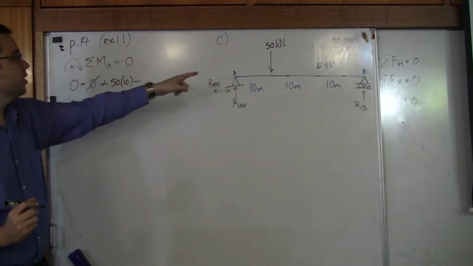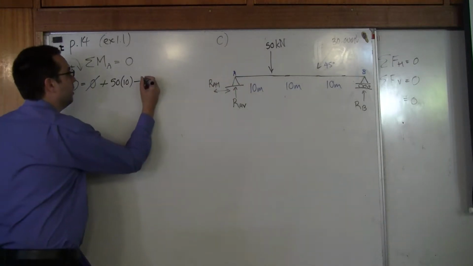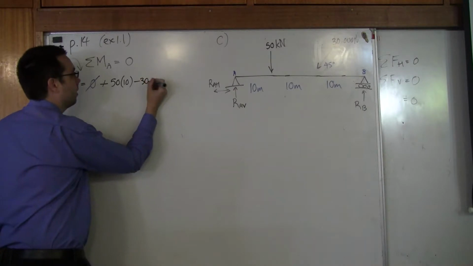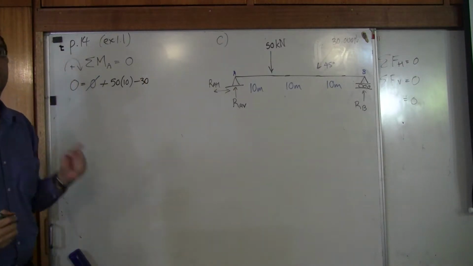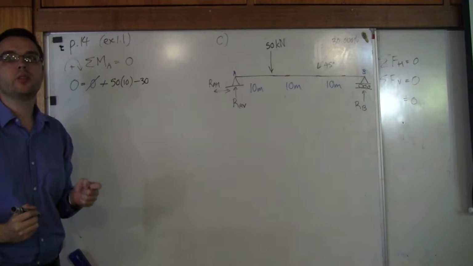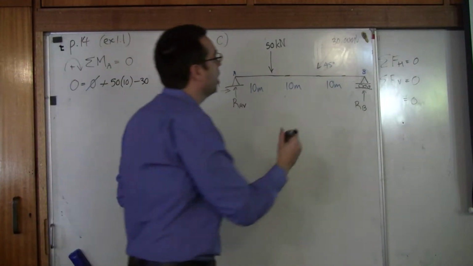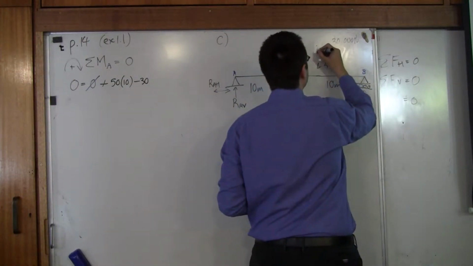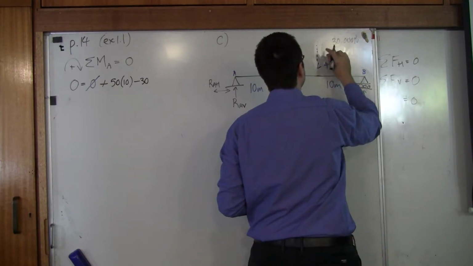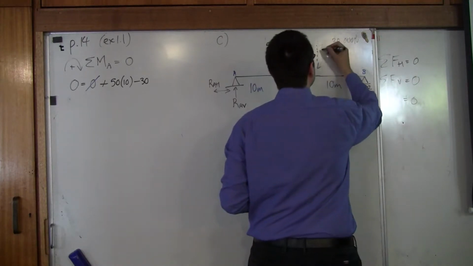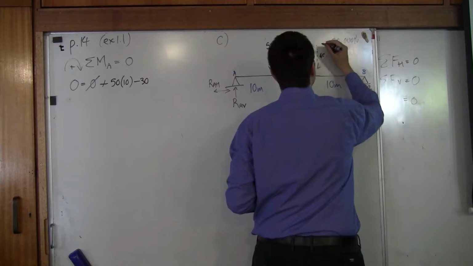And then the next force is a bit tricky. The next force is going to be 30, but it's not 30, it's 30 sine 45. The reason for that is because we're going 45 in this angle here.